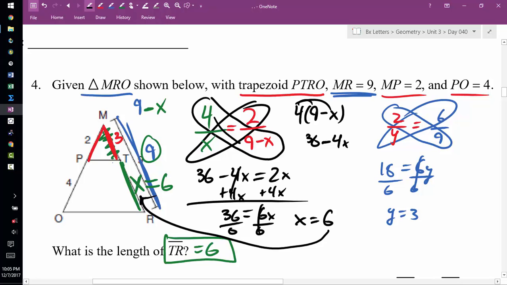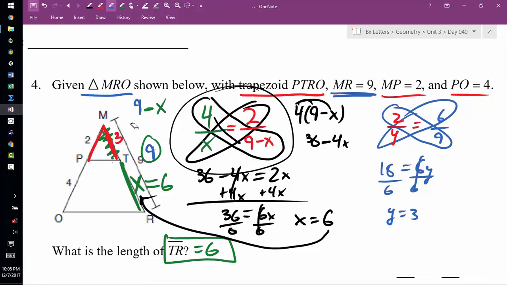So since I set up my proportion appropriately, I called this green piece here X, I called this piece 4, and what I was comparing that to was the piece up here, which is 2.